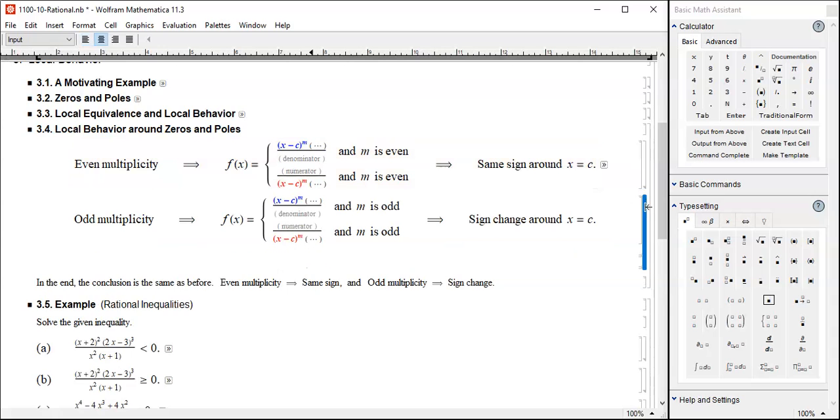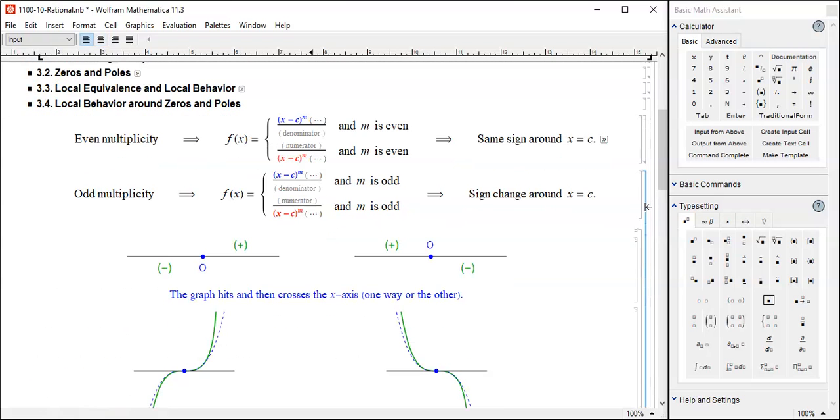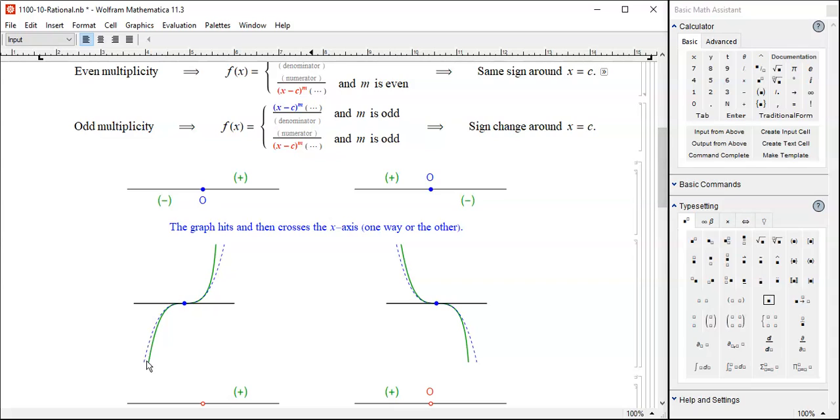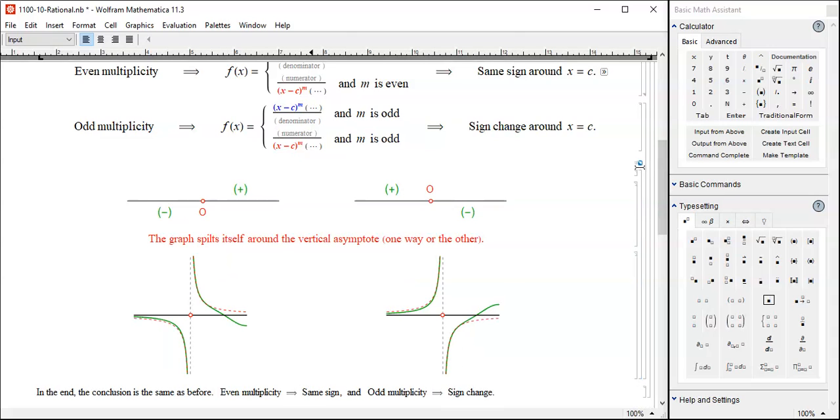Now, what if we have odd multiplicity? For zeros, we have something like this. Hit and cross and continue increase, or hit and continue decrease, crossing the x-axis. We have sign change, either from minus plus or plus minus. That's for the 0.